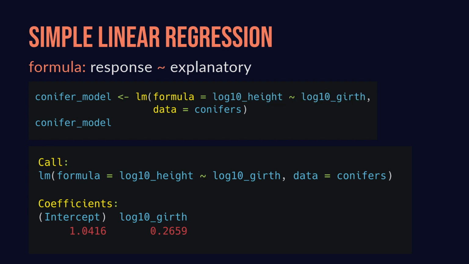We also need to mention the data we are using, in this case, the conifers data. Let's save this in the conifer_model variable. When we print the conifer_model, it returns the lm object and its coefficients.